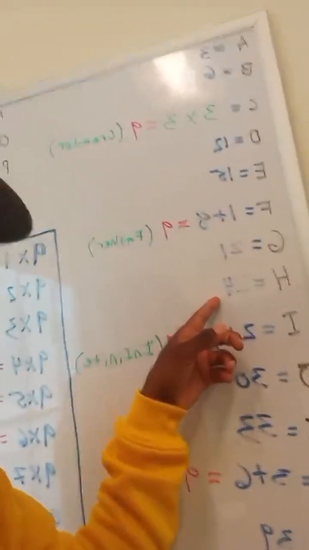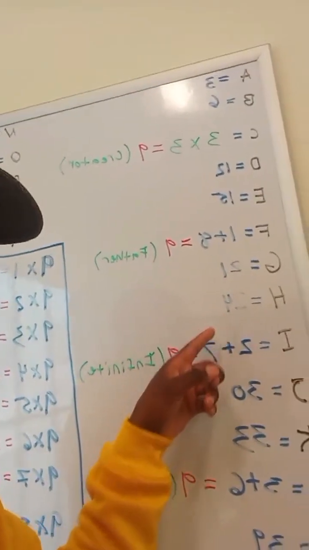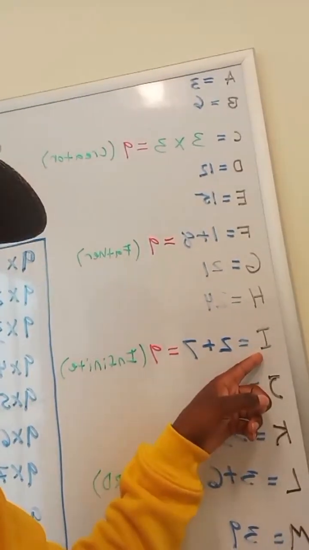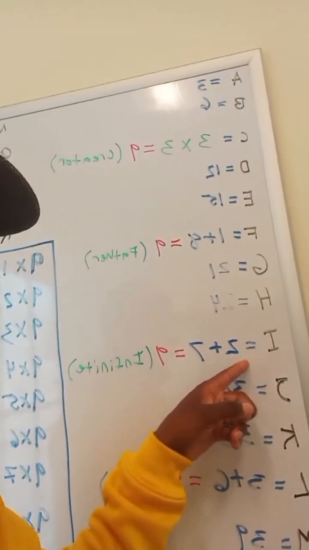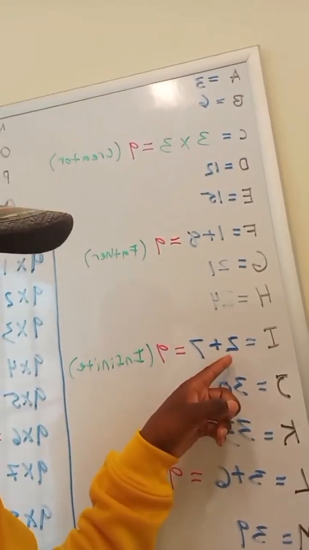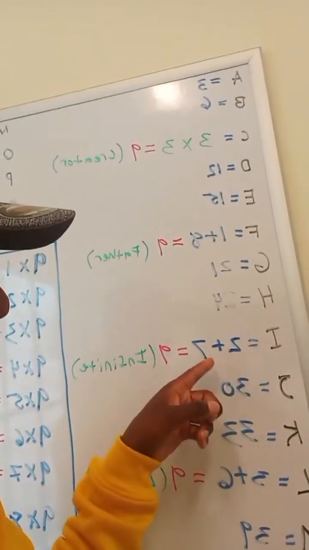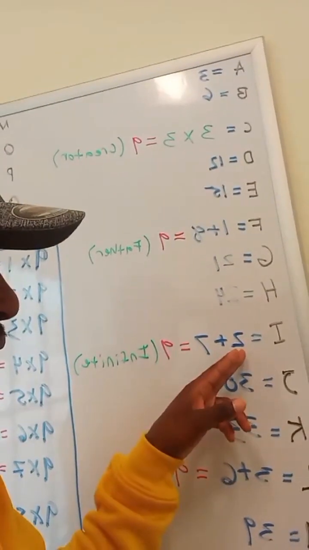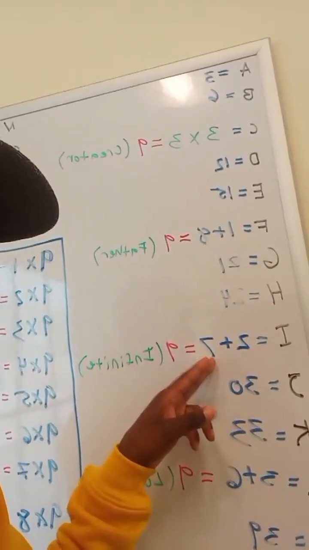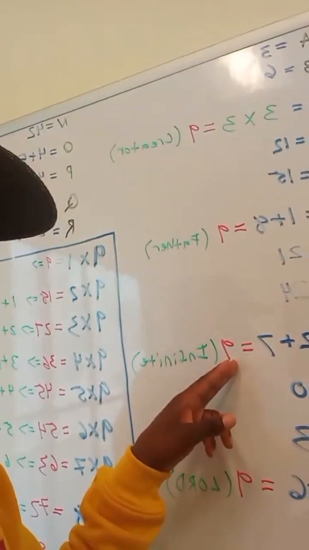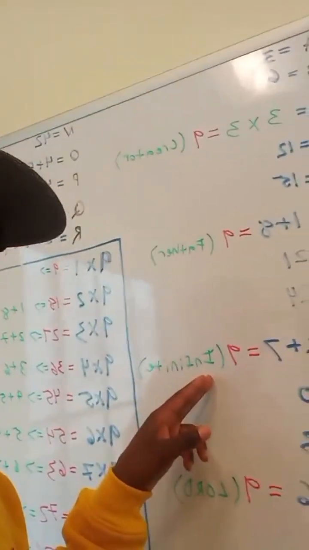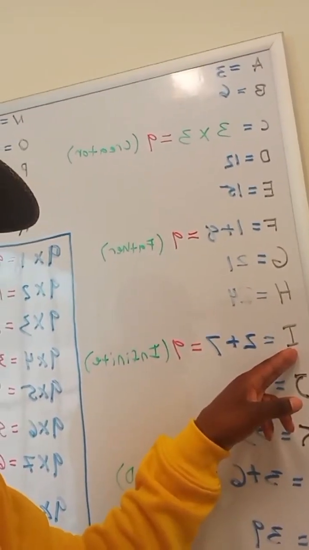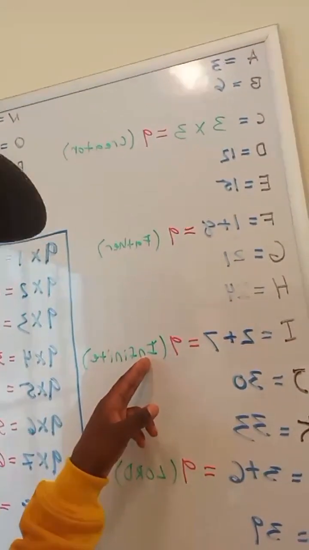Then we got H, which is 24. Then we got I, which is 27. I is the 9th letter of the alphabet. 3 times 9 equals 27. And as I mentioned earlier, when we get 2 digits, like a 2 and a 7, that could sum to 9, we're going to add them. So when I add this 2 and this 7, it sums to 9, which represents the infinite. The I here represents infinite.